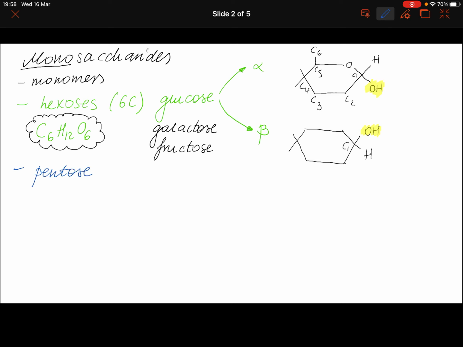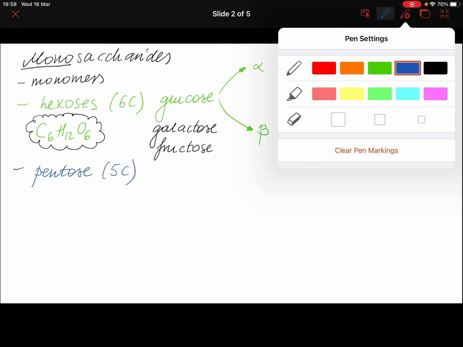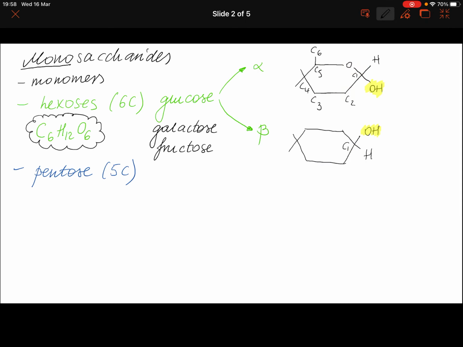Other group of the monosaccharides, now you will come across at A level, or you already have done some, are pentoses. Pentoses have 5 carbon molecules, and they are, for instance, found in the DNA and RNA molecule.